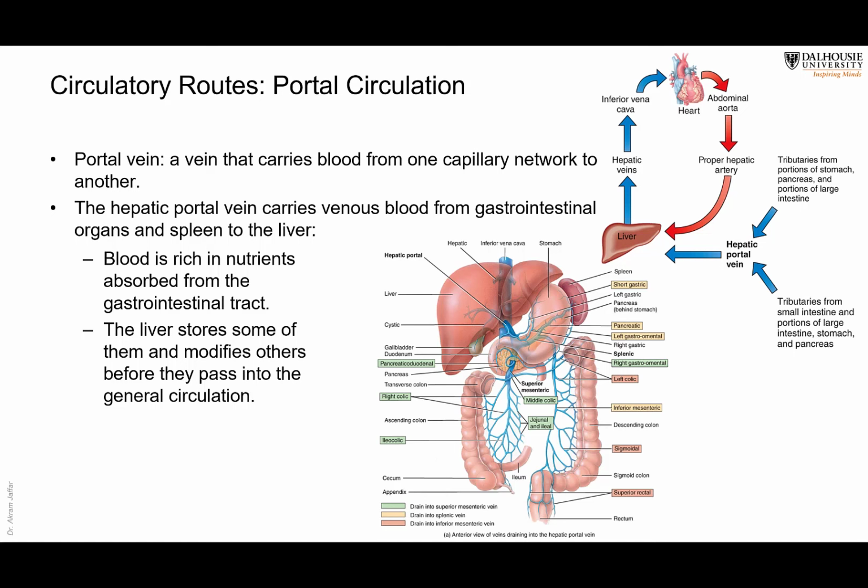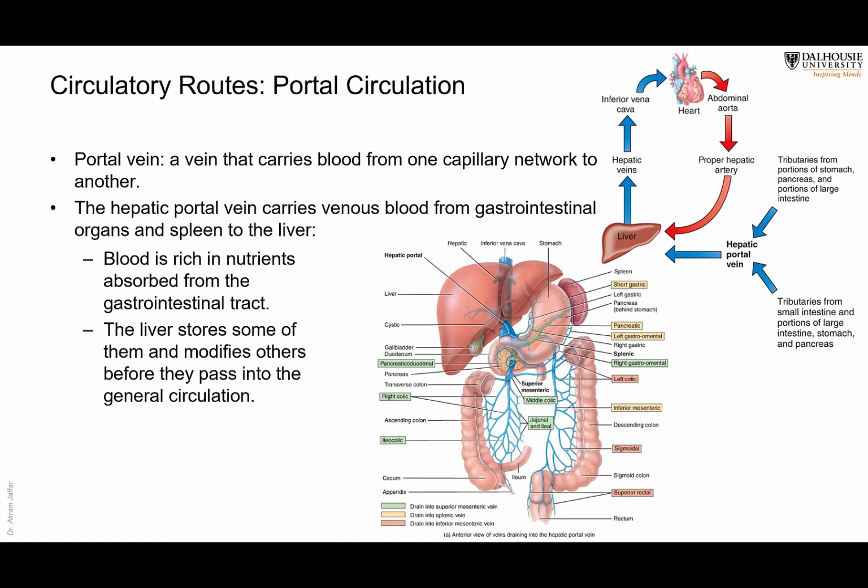Now, the biggest portal circulation is present in the liver, the hepatic portal vein. And here, the hepatic portal vein carries the blood from the entire gastrointestinal tract. This blood is full of nutrients and carries it to the liver. So the liver receives two sources of blood supply.